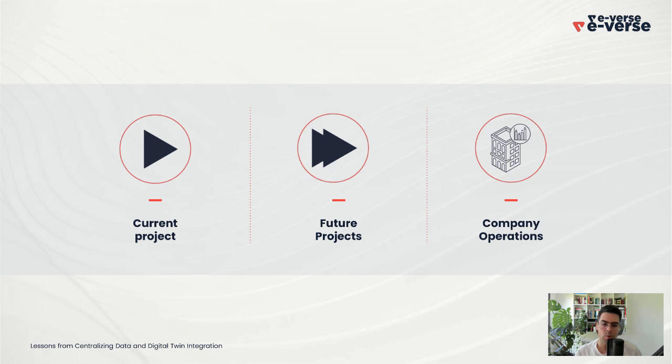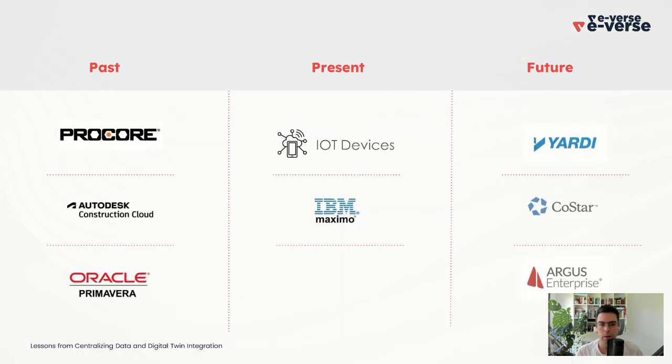And then also the client, and it was not the intent at the beginning, but we ended up doing it anyway, wanted to improve their own operations, and not only construction, but everything: sales, marketing. So we wanted to relate and integrate all the data. So it was really fun.